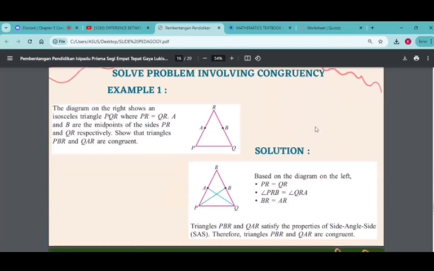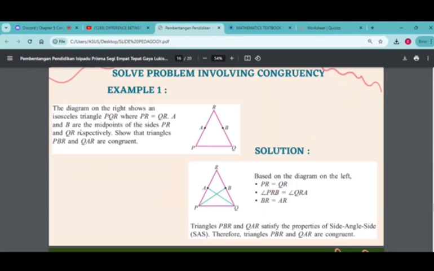Okay, this is an example of solving problems involving congruency. The diagram on the right shows an isosceles triangle PQR where PR equal to QR.